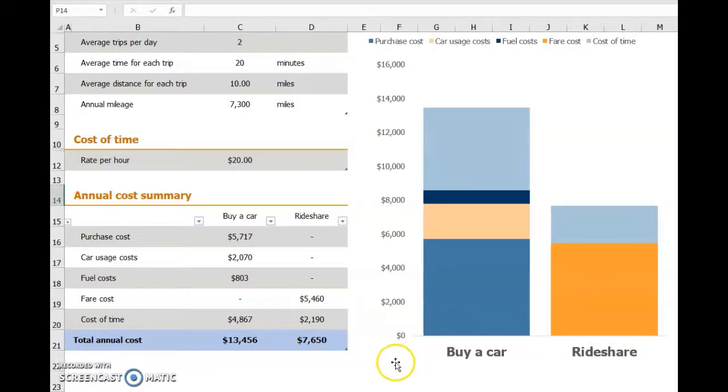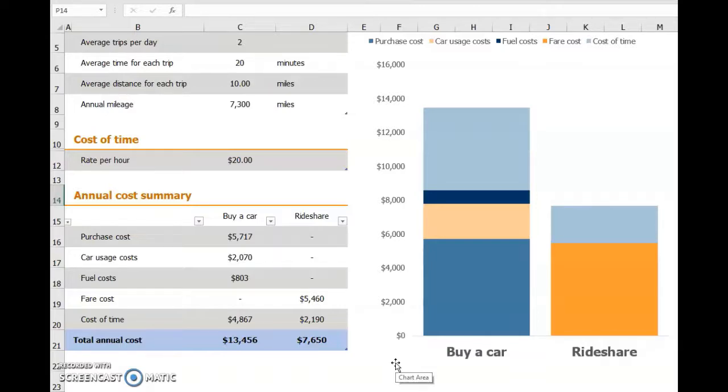So let's take a look. The examples that we used here, a single person doing rideshare, and purchasing a car for $25,000, and the annual costs, kind of roughly how they stack up against each other. You can see here that rideshare is almost half of the cost annually as buying that $25,000 car.